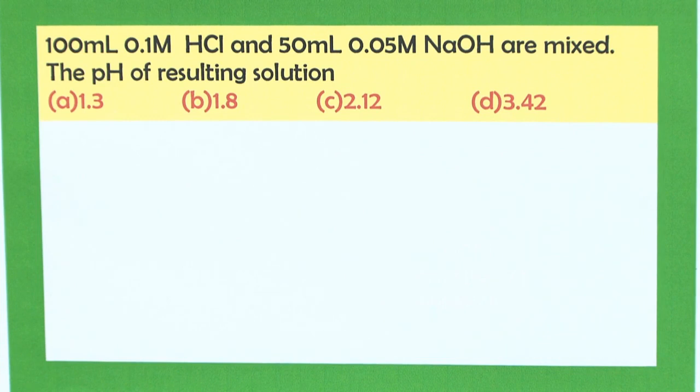What is the pH of the resulting solution? Your options are option A 1.3, option B 1.8, option C 2.12, and option D 3.42.